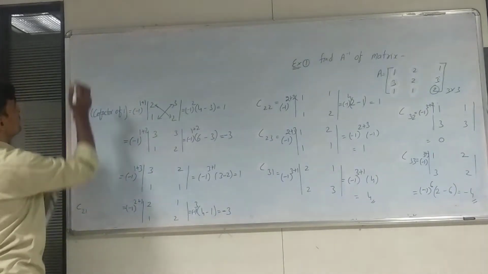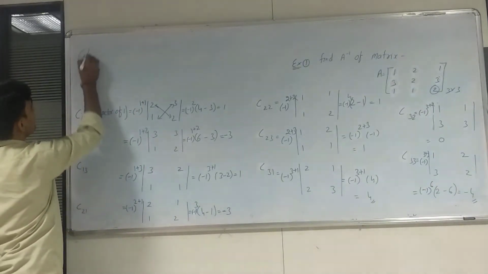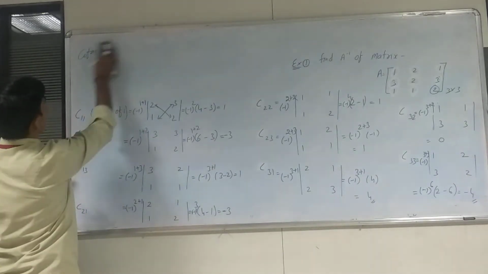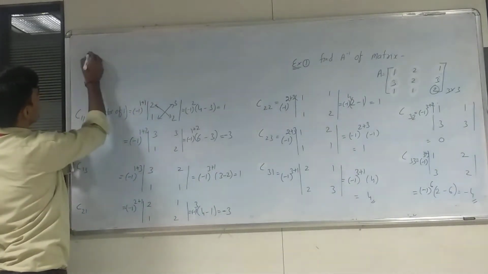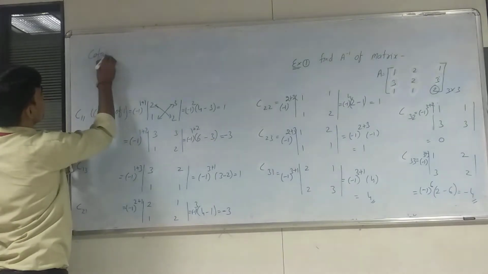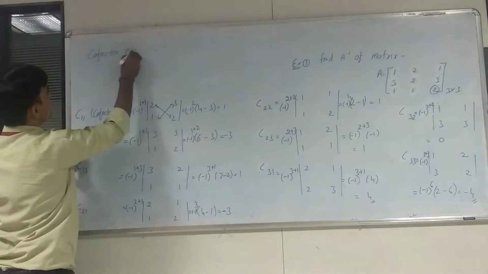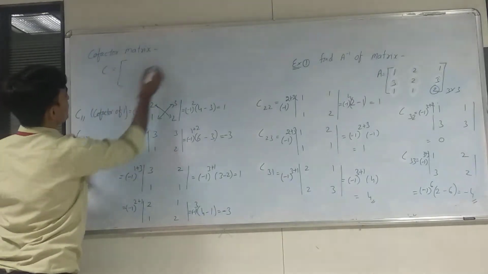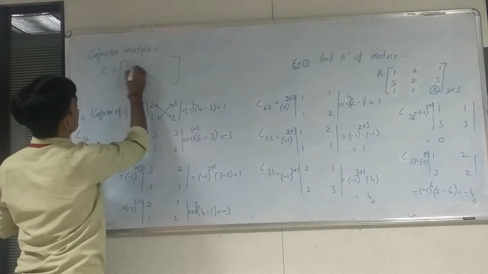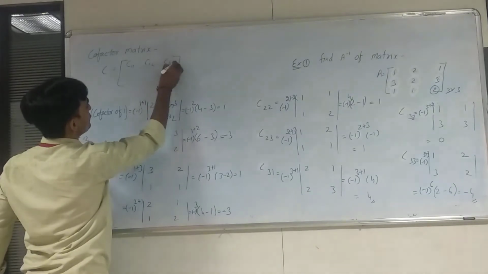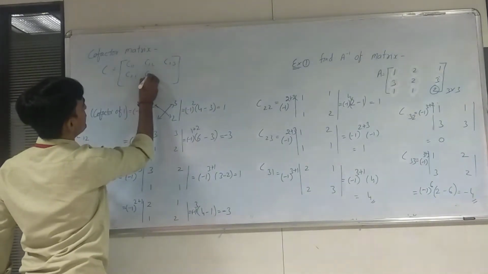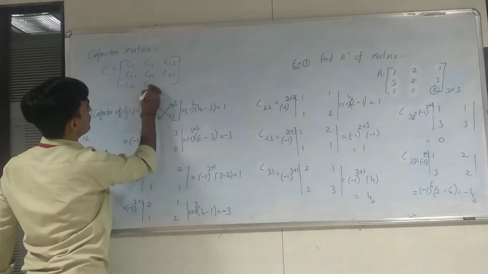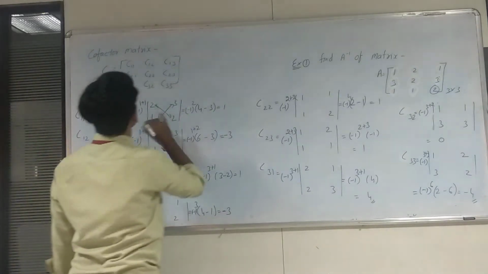Now from this, the cofactor matrix. Say something C. Values are C11, C12, C13, C21, C22, C23, C31, C32, C33.